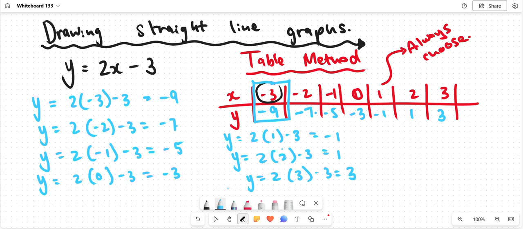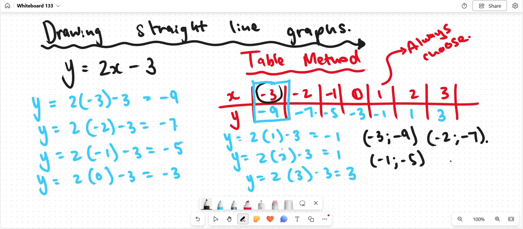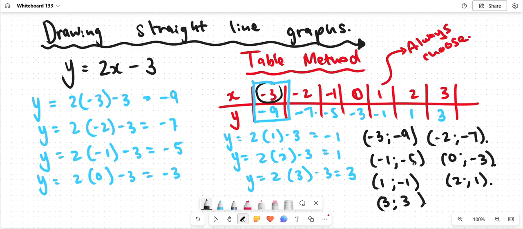If you were to write all those coordinates out, the first one will be -3 and -9, -2 that corresponds with -7, and -1 that corresponds with -5, 0 and -3, 1 and -1, 2 and +1, and lastly 3 with +3. So these coordinates are the ones that we're going to draw on our Cartesian plane. So let's do that next.